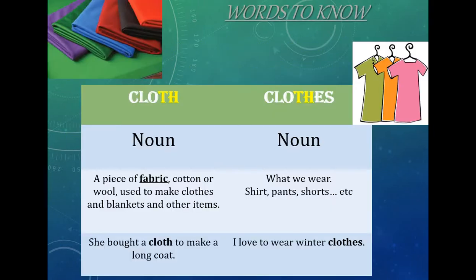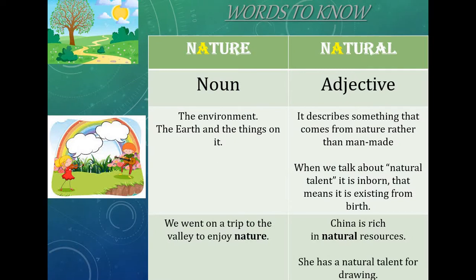What I want you to focus on, you just need to put in your mind this thing. A word in English doesn't necessarily have only one meaning. Some words in English have more than one meaning, okay? Like the word natural, for example. The word natural has more than one meaning. It has not only one.